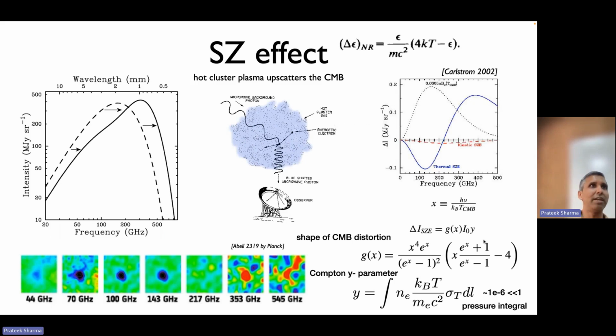Another very, very important observable effect in galaxy clusters is something called the Sunyaev-Zeldovich effect, or the SZ effect. So the physics of the SZ effect is inverse Compton scattering. You all are aware of Compton scattering, right?